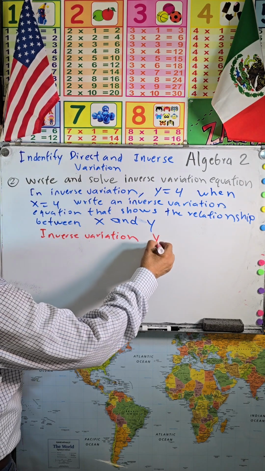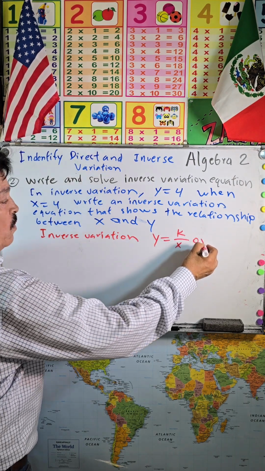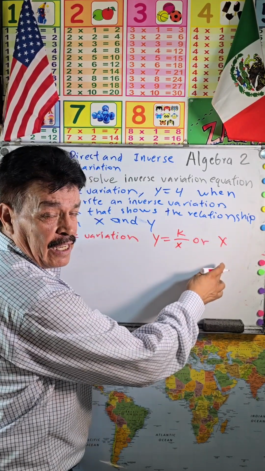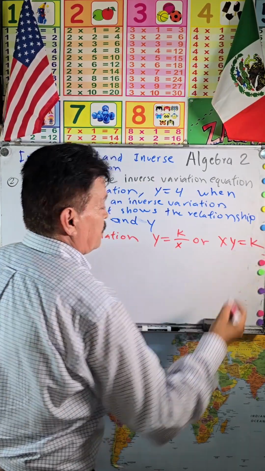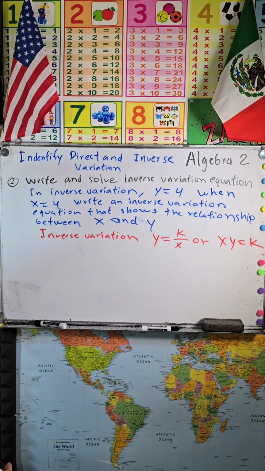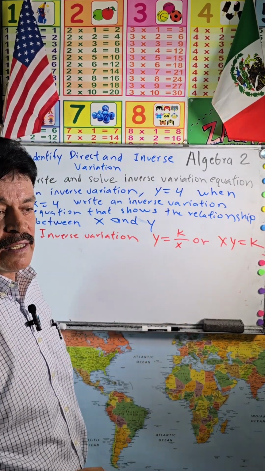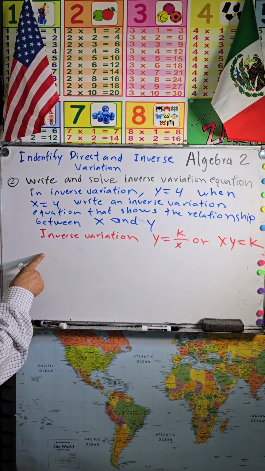Remember, it's y equals k divided by x, or x times y equals k. See? The variable k is the constant. It is the constant of the equation, right?